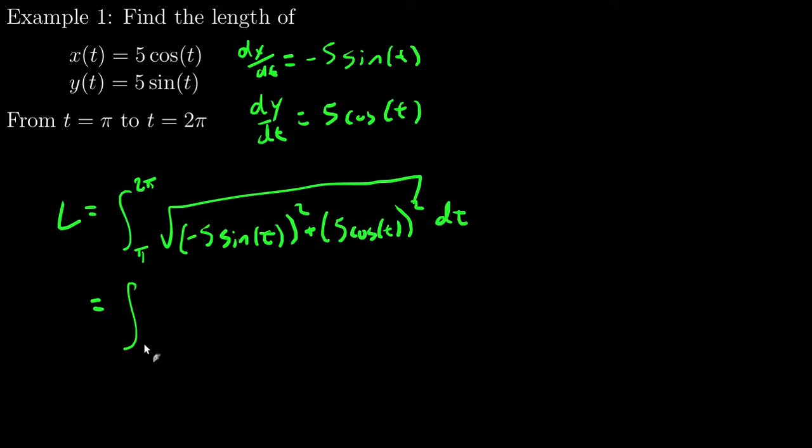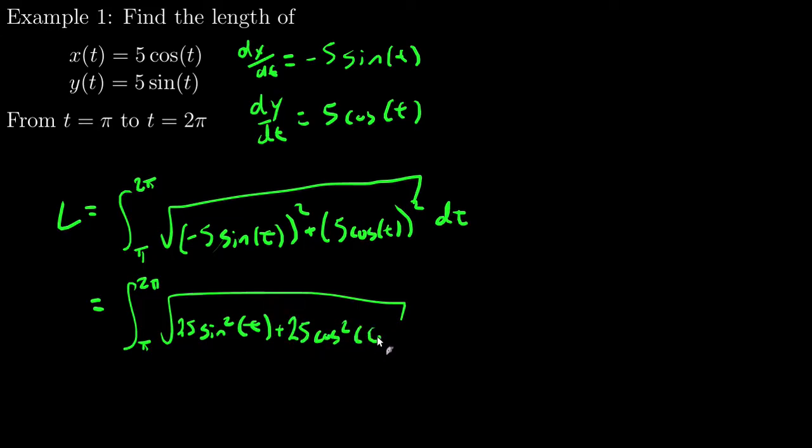So that's the integral from pi to 2 pi of the square root of negative 5 sine t squared, which is 25 sine squared t, plus 5 cosine t all squared, which is 25 cosine squared t. And in here, I can factor out the 25 because it's in both terms.